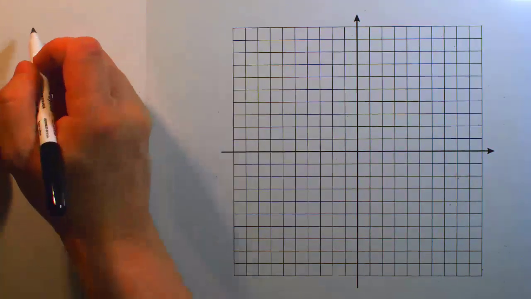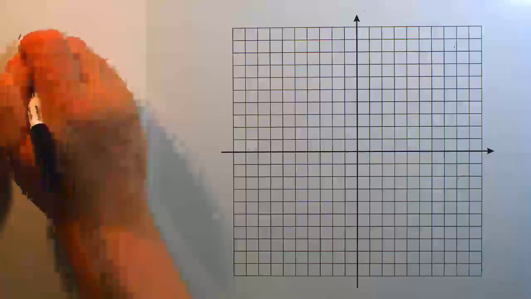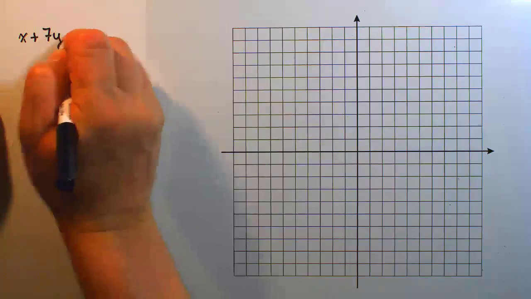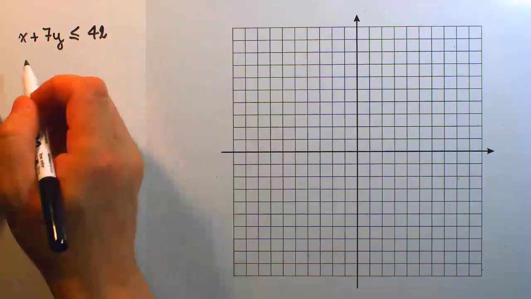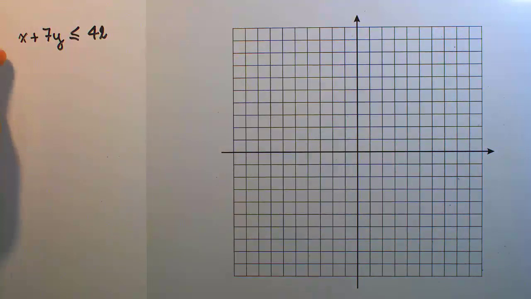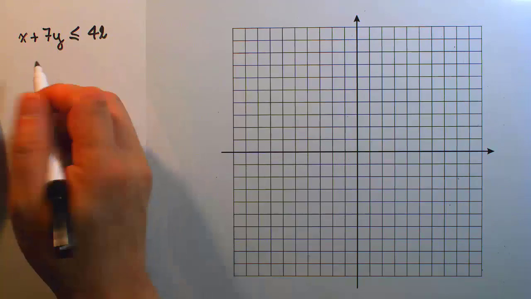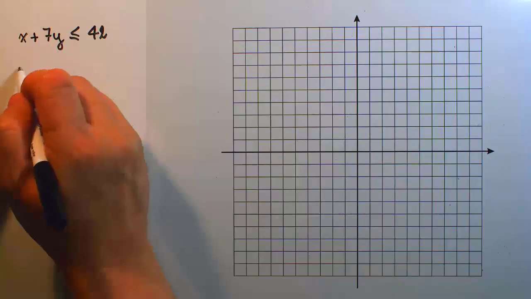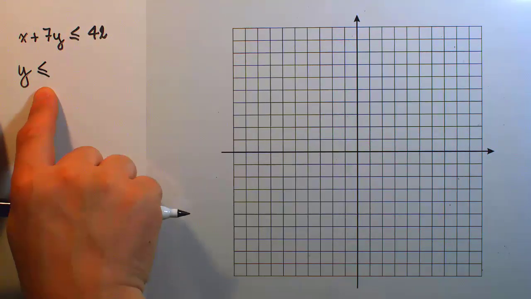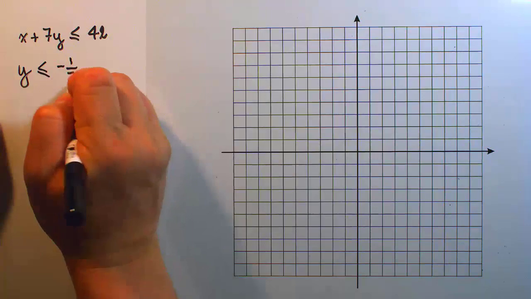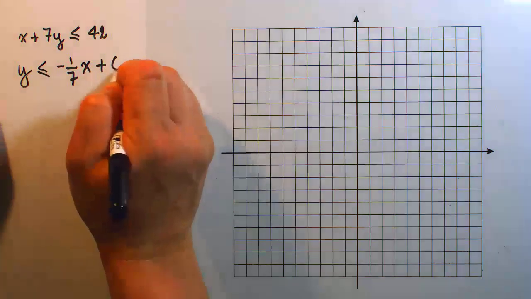So our first inequality, x plus 7y less than or equal to 42. In my own approach here, and of course anyone viewing this video should also be able to use any other approach, as long as you have your graphed solutions shaded correctly, I turn my inequality into the equivalent form y is less than or equal to negative 1/7 x plus 6.